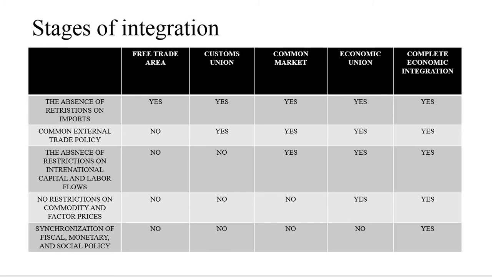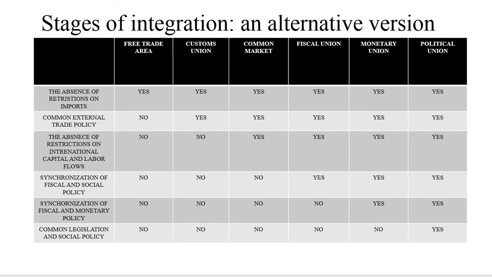So in different textbooks, you might also find some alternatives to the classification I presented before. Usually, when it comes to free trade area, customs union, and common market, it just remains the same. But usually authors of the most popular textbooks discuss fiscal union, monetary union, and political union. And the idea is like this.